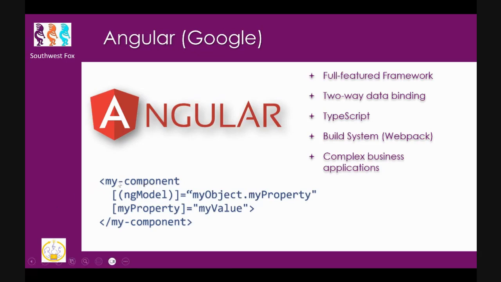And Kevin showed us custom HTML elements in his session, which is the same type of thing. And setting attributes on a component is very similar to setting properties on an object. So Angular is considered a full-featured framework, meaning it's going to contain most of the features you need to create a SPA application. And typically, you would create your entire app in Angular as far as the front end.